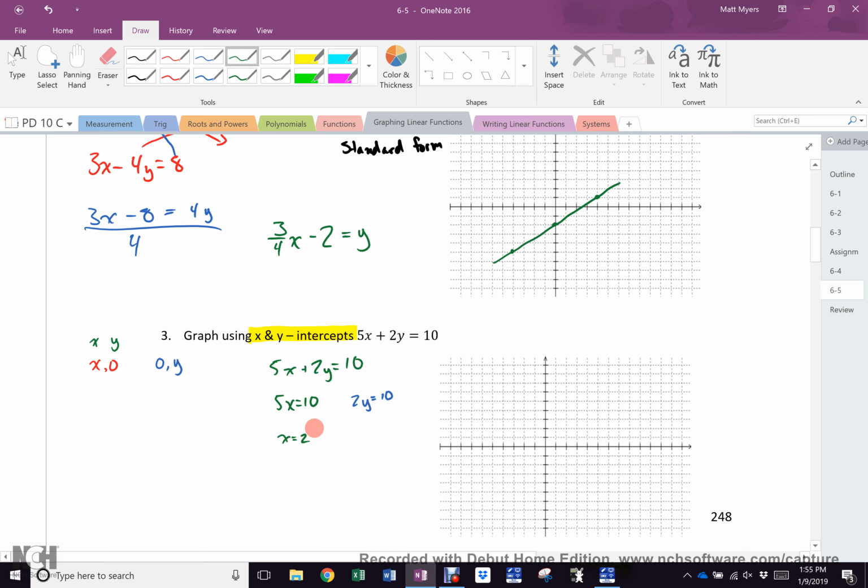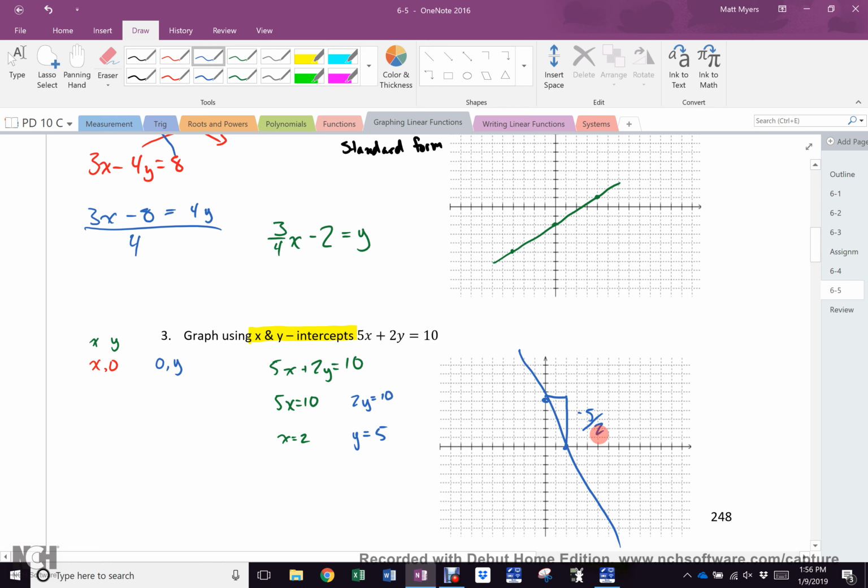X equals 2. What is the y-intercept? Y equals 5. Can I graph now? Y is 5: 1, 2, 3, 4, 5. X is 2: 1, 2. And what do I do once I have two dots? Draw a line. Connect them. Then you can find the slope, which is negative 5 halves.